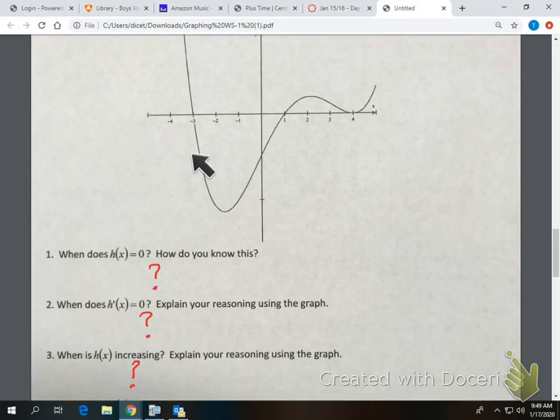So there are 2 points of inflection. At negative 3, because you went from concave up to concave down, and at 1, because you went from concave down to concave up. Why not 4? The second derivative is 0, but it stayed concave up, 0, and then went concave up again. So we did not change concavity.